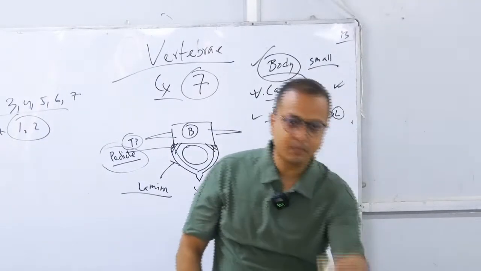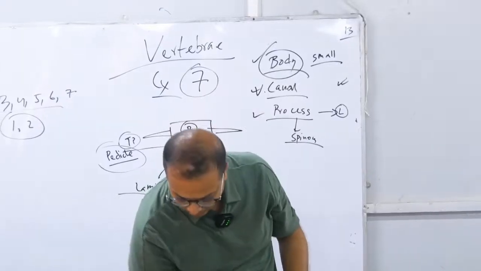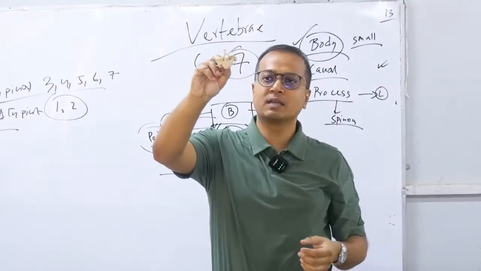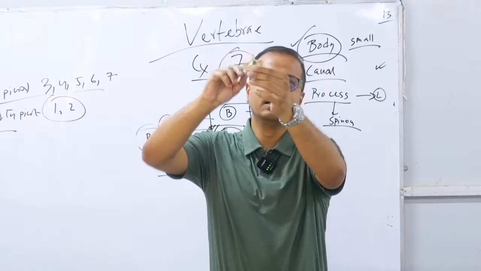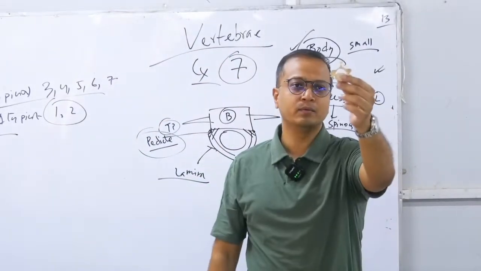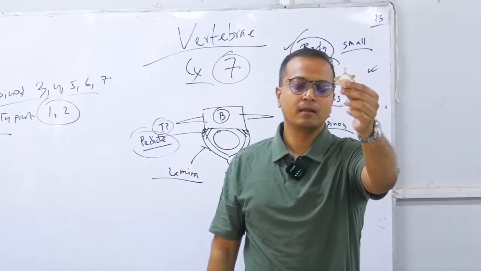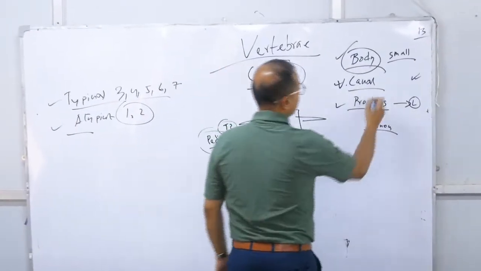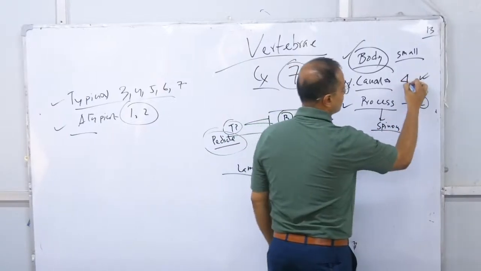Now next we have the canal. We call it the vertebral canal. The spinal cord runs through this canal. Now this vertebral canal, in the cervical region, looks triangular.